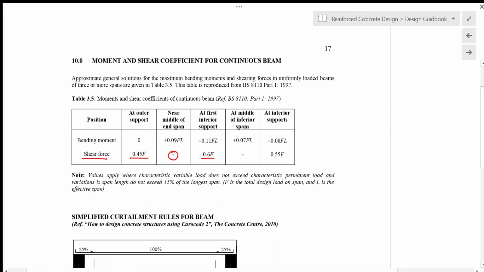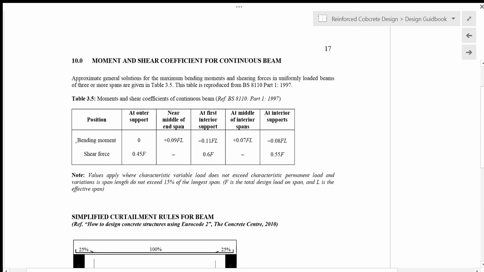At the middle of interior spans, there is no shear force. The shear force at the middle of the span is almost zero. And at the interior supports, the shear force is 0.55 times the total force on the span.